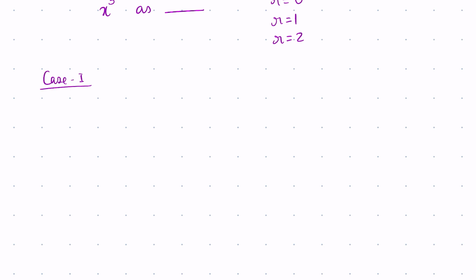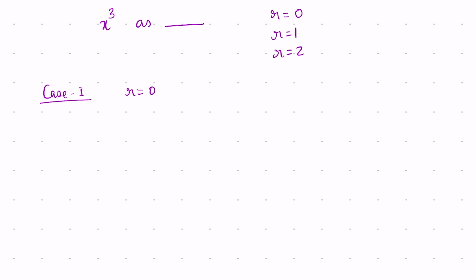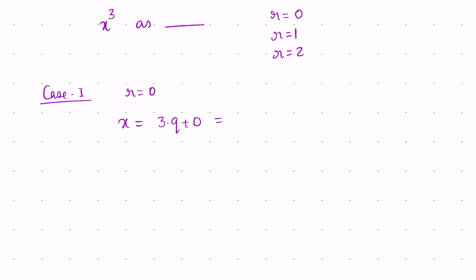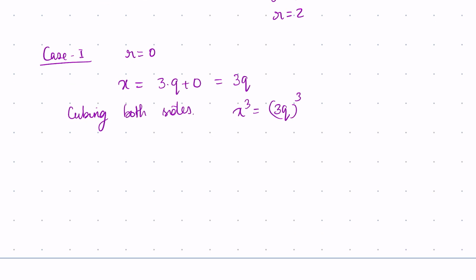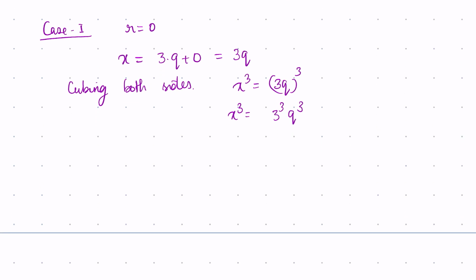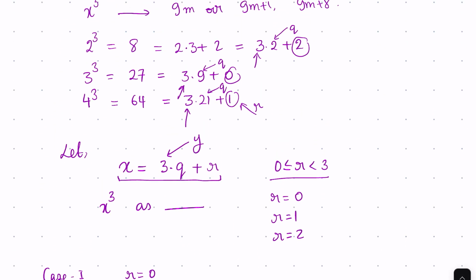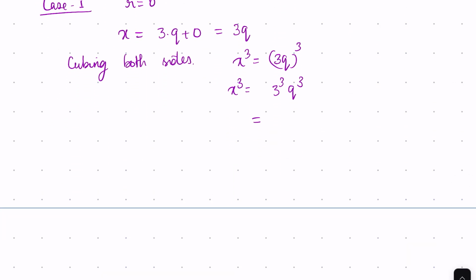Case 1 is when r is equal to 0. So what does the number x look like in that case? That would just be 3q plus 0, which is equal to 3q. Now cubing both sides, x cubed is equal to 3q whole cubed, which is 3 cubed times q cubed, which is equal to 9 times 3q cubed.